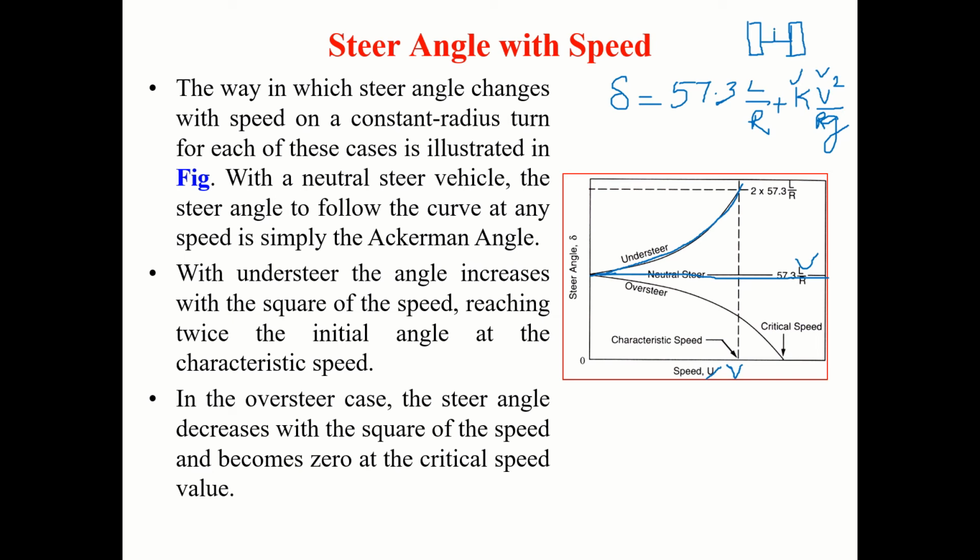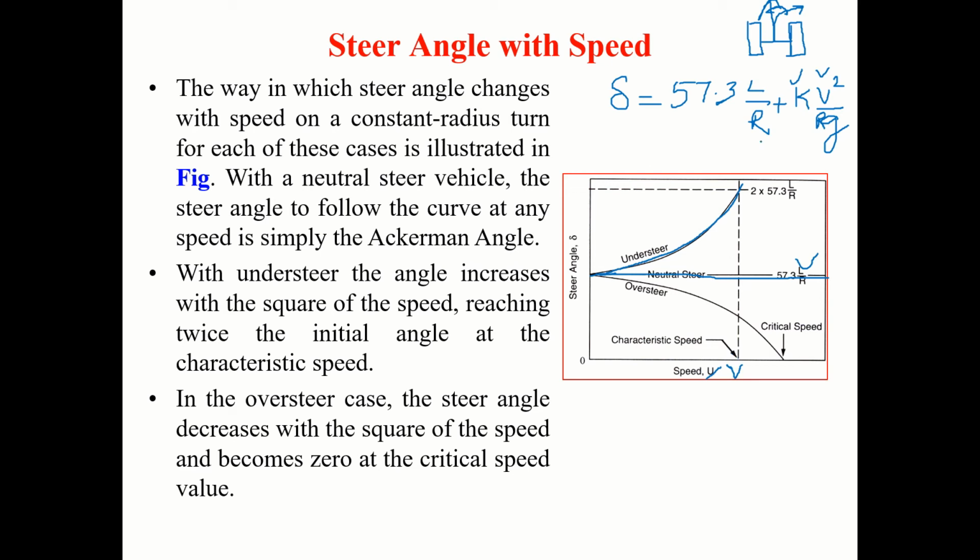It's an understeered vehicle. You want to take a turn with high velocity. It's very, very difficult. Look here. This is the kind of angle. It keeps on increasing. At a particular speed, it becomes twice this value. That's corresponding speed, I can call it as characteristic speed.